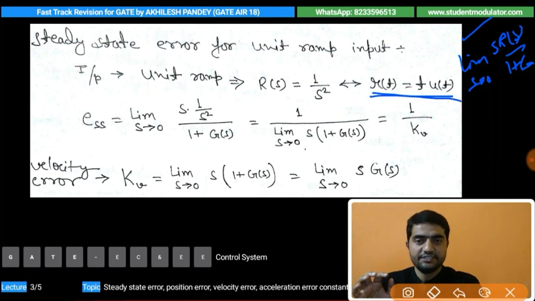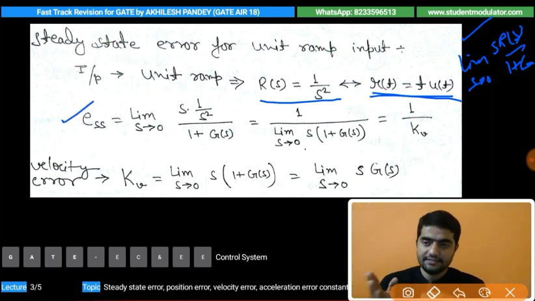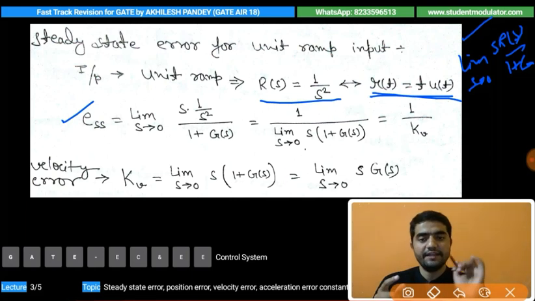So the input is unit ramp, that is t ut, so converting it into Laplace transform we get Rs equals 1 upon s square. Now the steady state error will be given as limit s tends to 0 of s into 1 by s square, because we have Rs equal to 1 by s square, and the remaining will be the same.